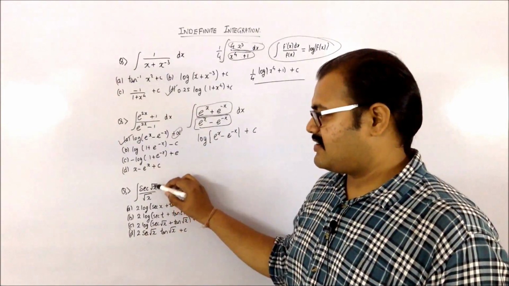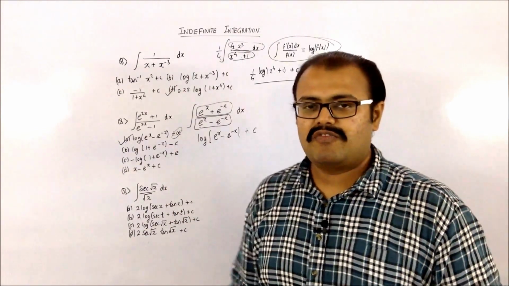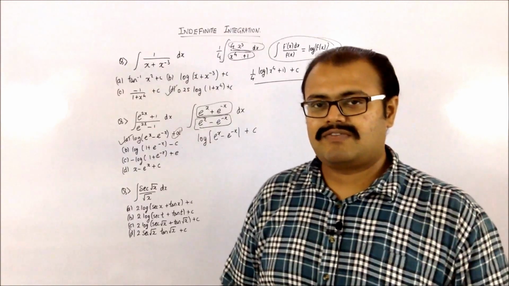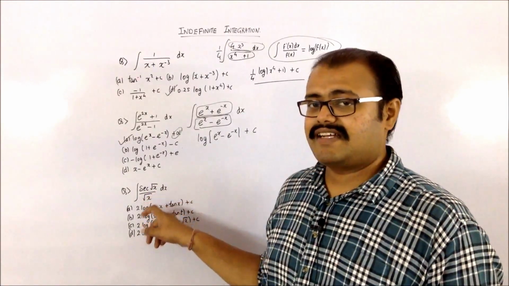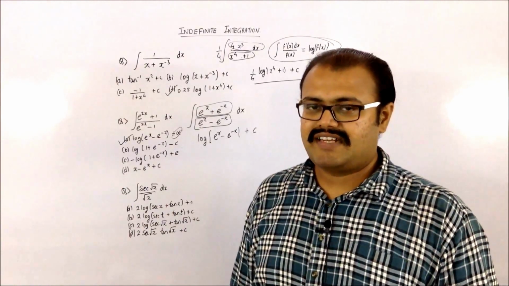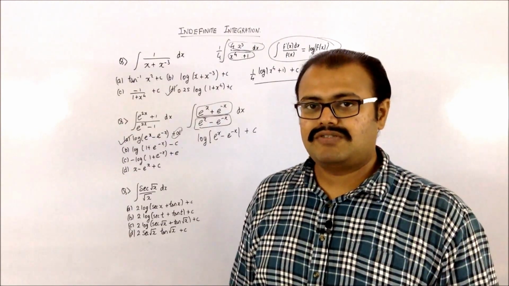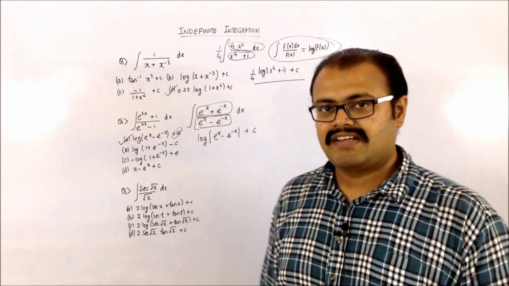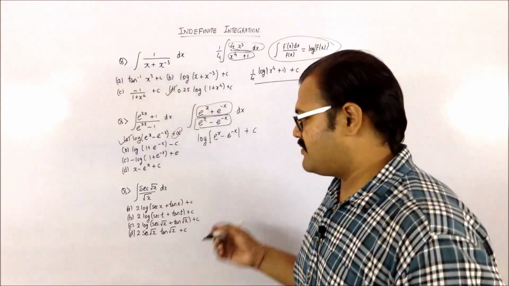We have sec of root x divided by root x dx. Now you will be knowing the formula for sec x, but this is basically a sec of root x divided by root x. So it is not in any of those integration formulas which you know. This you have to do by substitution method. Now what should be the substitution, you will be wondering.